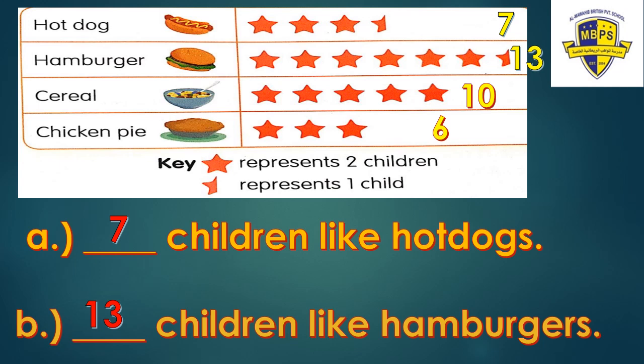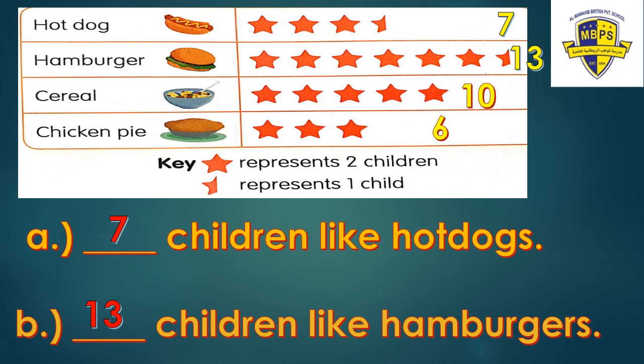Now we are going to count by 2 because 1 star is equal to 2. So we have 2, 4, 6. And we have 1 star which is half. And that half is equal to 1. So we have 6 plus 1 which is equal to 7.